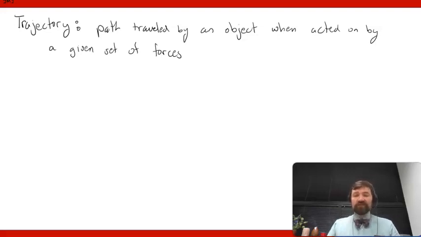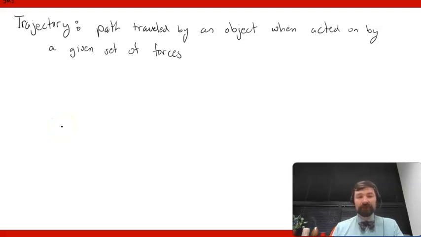So we're kind of assuming here that the acceleration on the object is knowable and has some consistency to it, whether it's constant or not. And for an algebra-based physics class, generally speaking, the acceleration has a constant magnitude and maybe a constant direction, at least relative to the motion of the object.